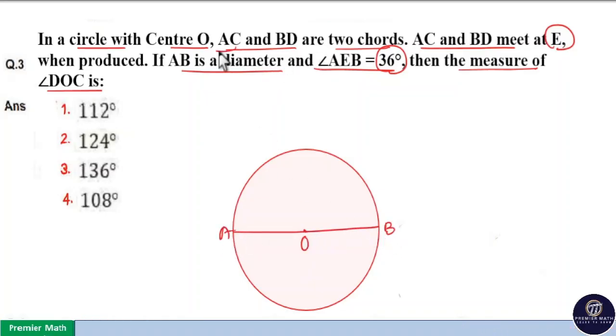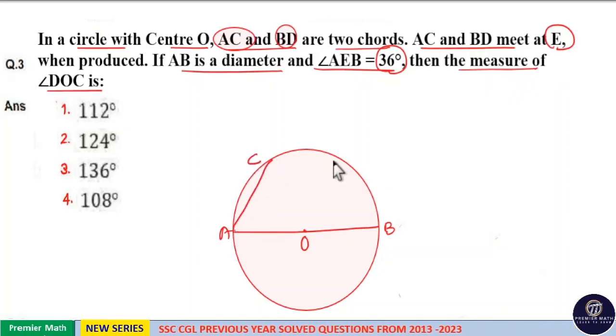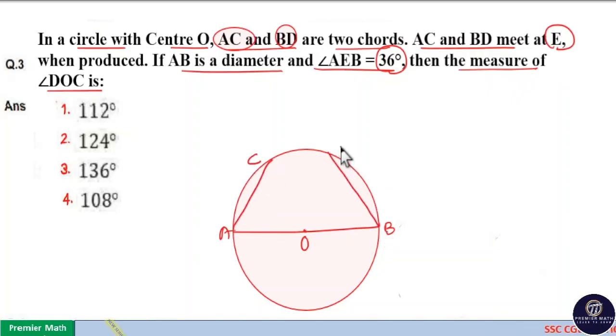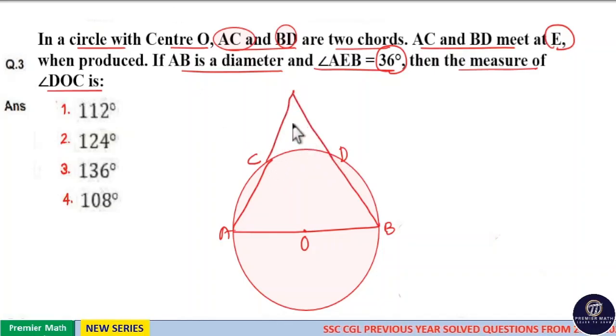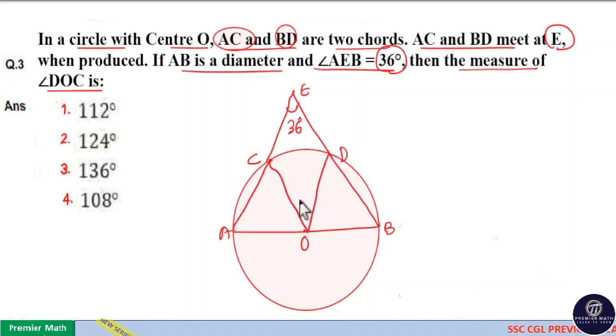Now, AC and BD are two chords which meet at point E, creating angle 36 degree with it. Now we have to find what is angle DOC.